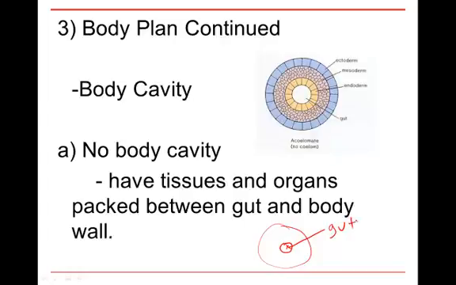And to have no body cavity means that this is all solid. So draw something like this and put here no cavity or no body cavity. And that's one possibility. And so all this that I've drawn with the cross-hatching just means that there are tissues and organs that are between the gut, which is the food tube, and the body wall.